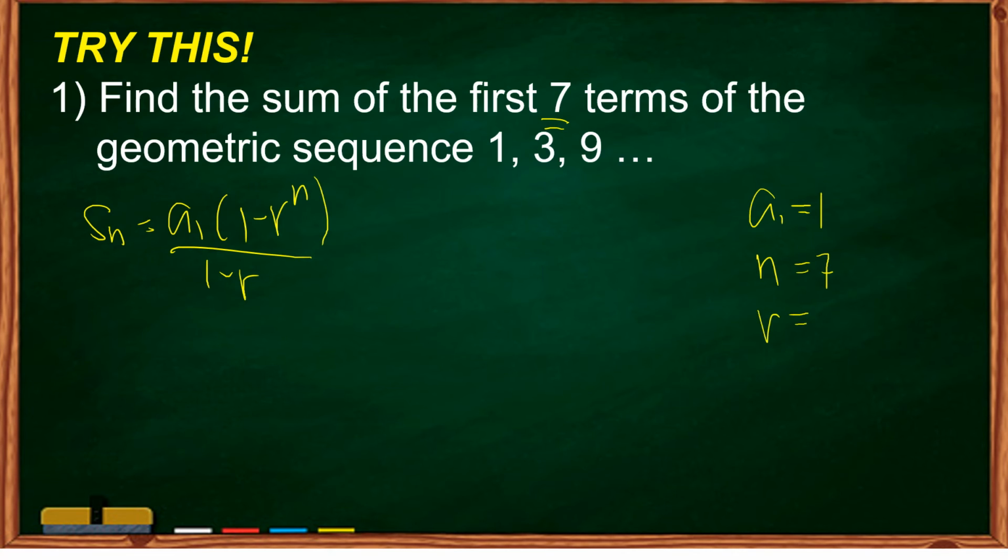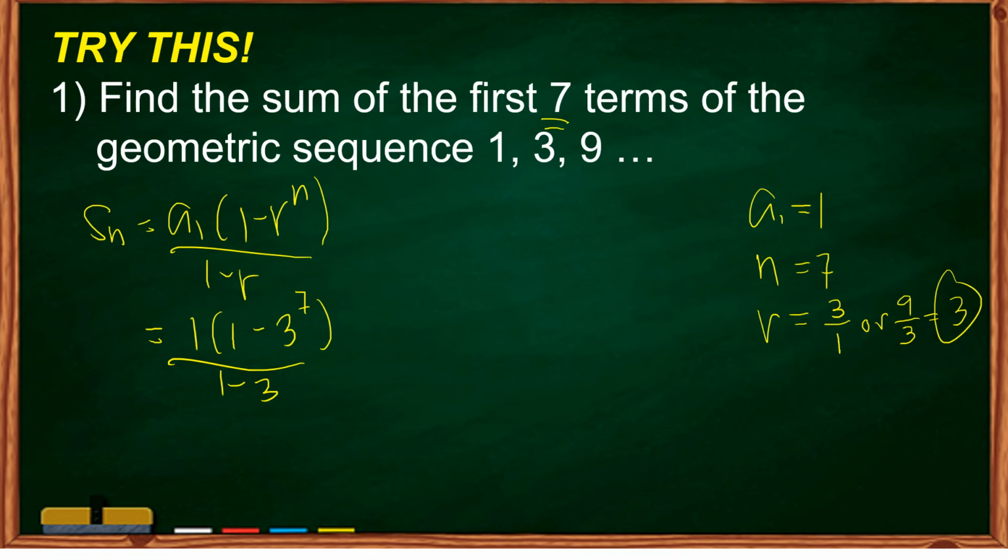And the common ratio can be obtained by dividing the second term by the first term, or maybe the third term by the second term, and the result is 3. So the common ratio is 3. Then substitute the given into the formula. We have now 1 times 1 minus the common ratio, which is 3 raised to 7, divided by 1 minus 3.